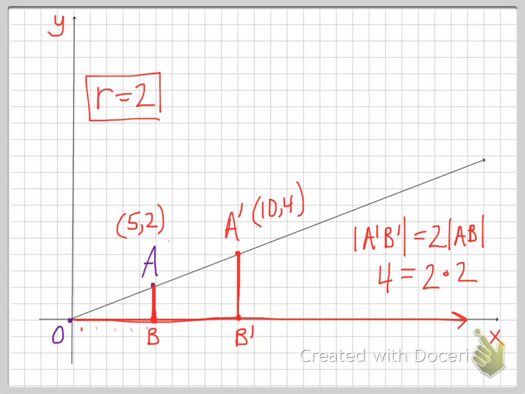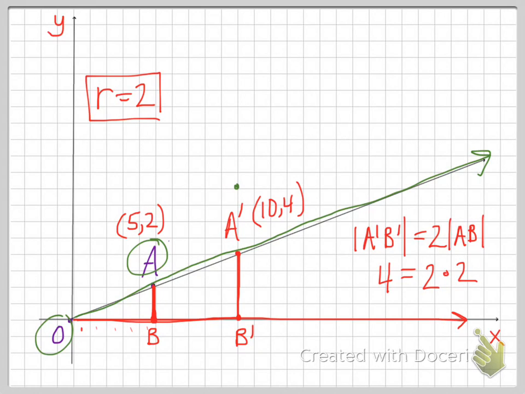Okay, so even though everything's checking out, we should ask ourselves, could A prime have been at any other location? Well, if you think about it, if I put it up here somewhere, then it would not be on the same line with O and A, because this line right here is going to contain the dilation of A, right?